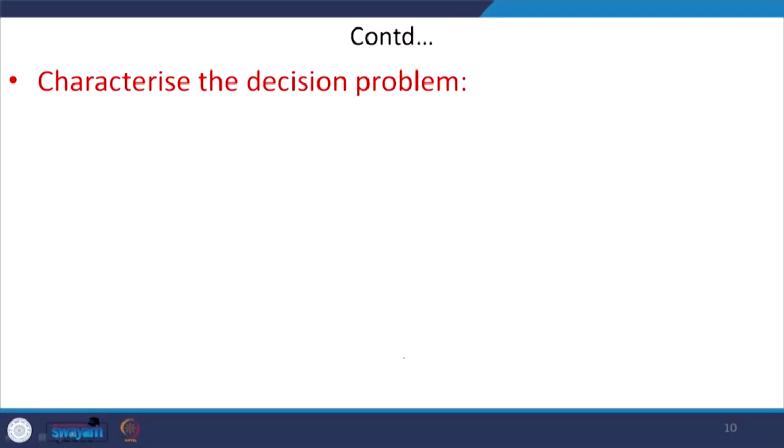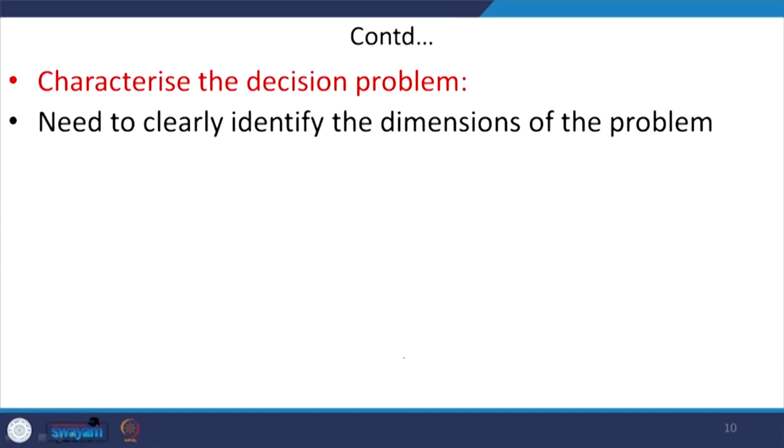So, let us discuss these steps one by one. The first step that must be followed in the choice experiment is characterizing the decision problem. How do we characterize the problem we are talking about, or the policy being discussed? There we need to identify clearly the dimensions of the problem. What is the problem itself?